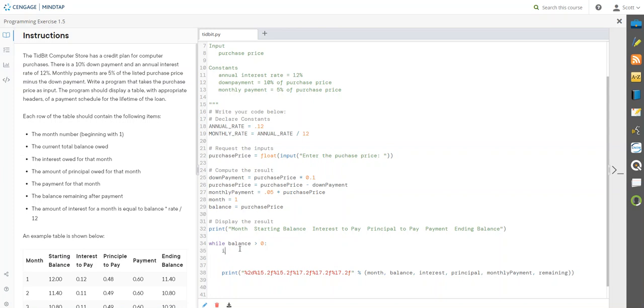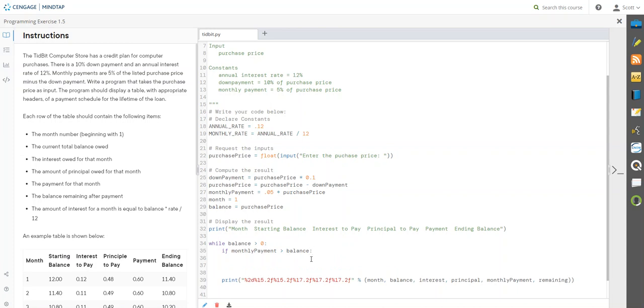calculation. So if, remember what I said, I want to copy it, but they've done that for me. Monthly payment is greater than balance, capitalization matters there, colon, now we're in this conditional statement, if one.